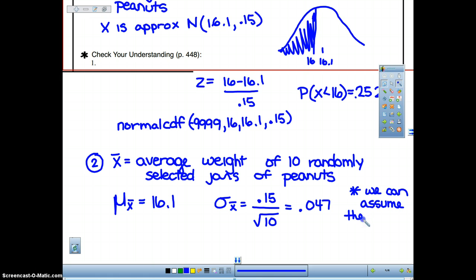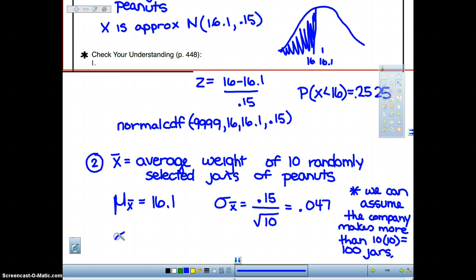And again, I need to say that we can assume the company makes more than 10 times 10, which is 100 jars. Okay, that takes care of our 10% condition.